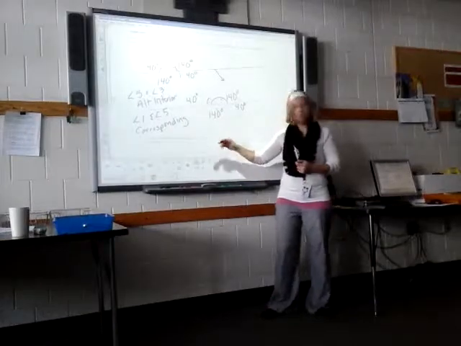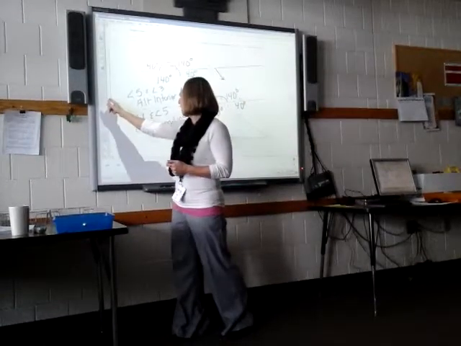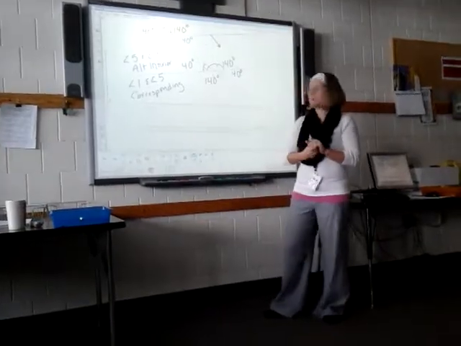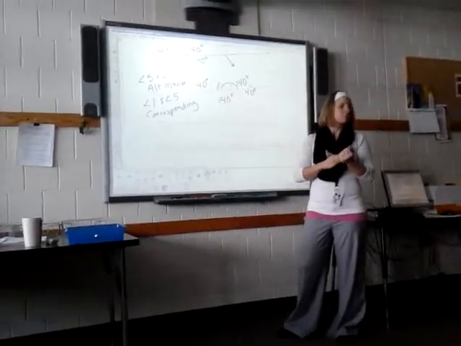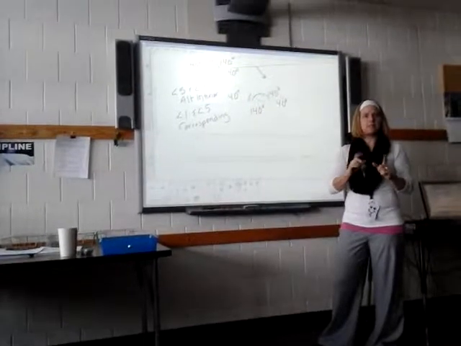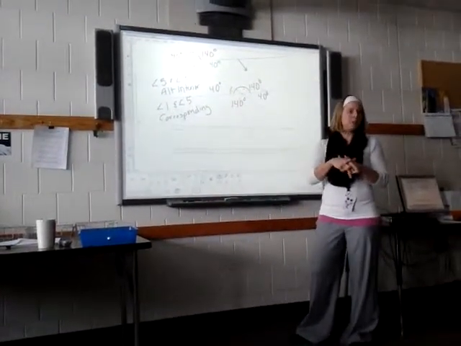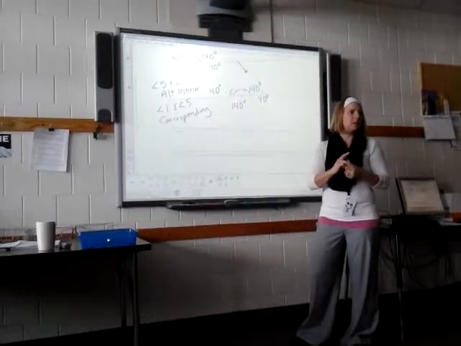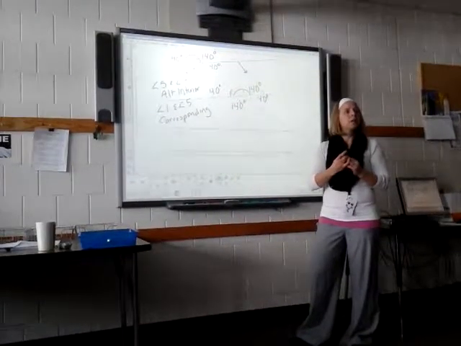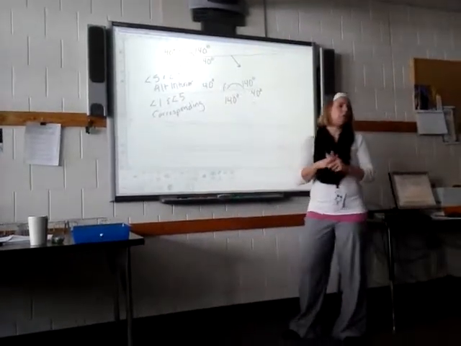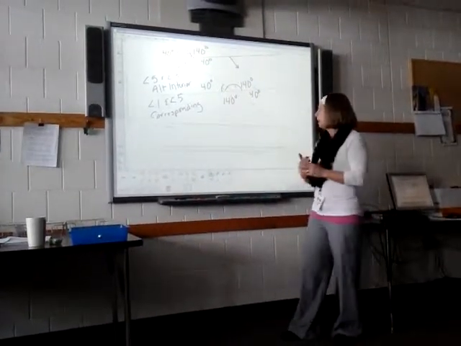We have to answer the questions that are asked. We go to question letter A. What did you notice about the measure of angle 1 and angle 5? They're the same. Angle 1 and angle 5 both have a degree measure of 40.